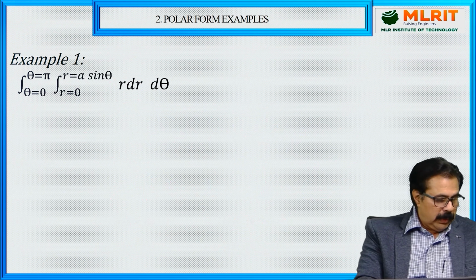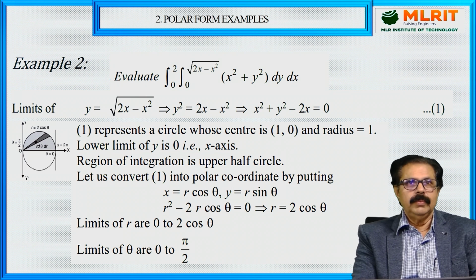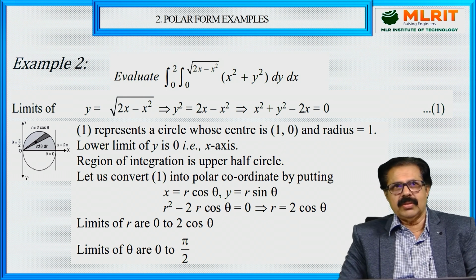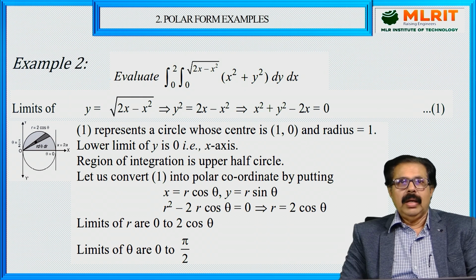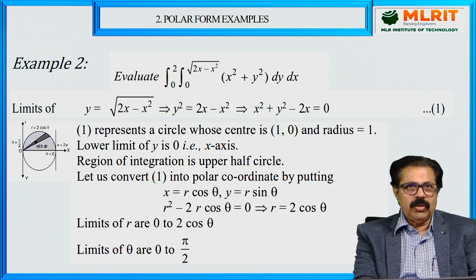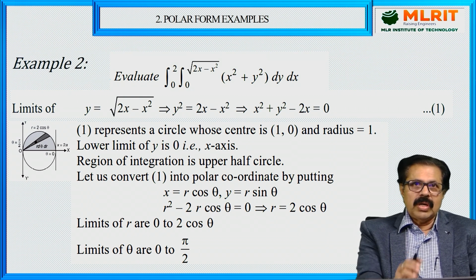Nevertheless, next one. This one is more complicated. Evaluate the integral 0 to 2, integral 0 to under root 2x minus x square, of x square plus y square dy dx. In this case, if you see carefully, the inner one is with respect to y, the outer one is with respect to x. Because it is a circular region, you have to convert it to polar form.